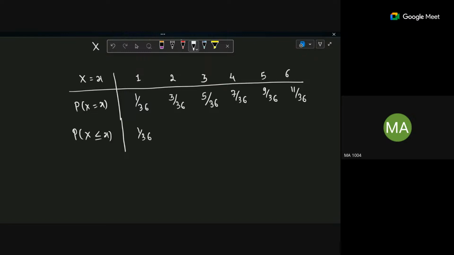What about 2? 3 plus 1, 4 by 36. For 3, 4 plus 5, 9 by 36. Then plus 7, 16 by 36. Then 25 by 36, and at the end 36 by 36, 1. That's how we calculate the CDF.